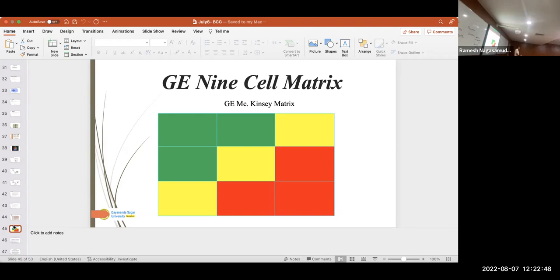Wow, which market are you in? I am in a high-growth market. I have a market which is a $500 million market.